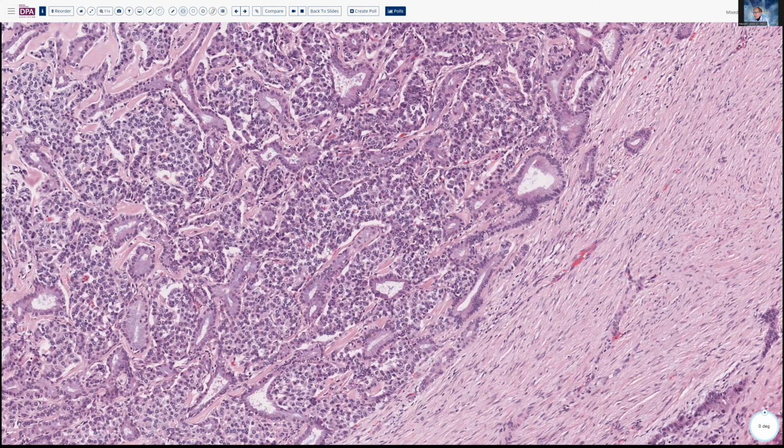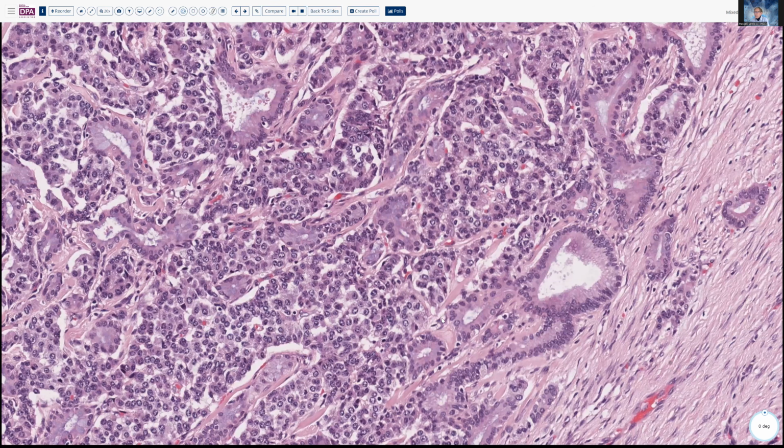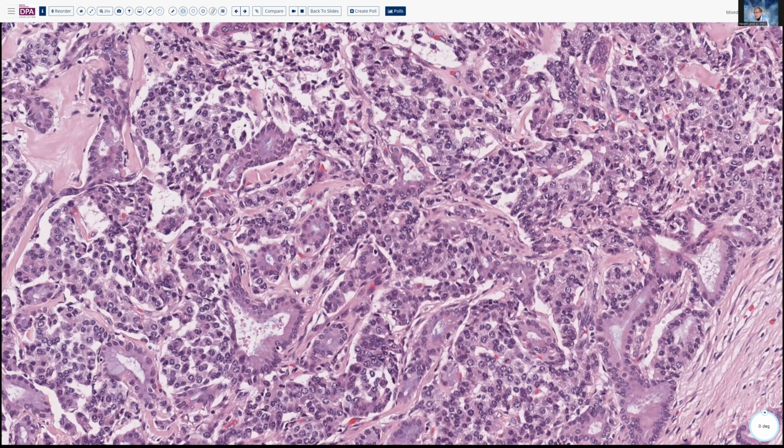And both are still in the relatively well-differentiated category. If we were to go into higher magnification here and look for mitoses, we're really not seeing a lot of mitotic activity. So it's probably actually a relatively well-differentiated neuroendocrine tumor, as well as a well-differentiated adenocarcinoma component.